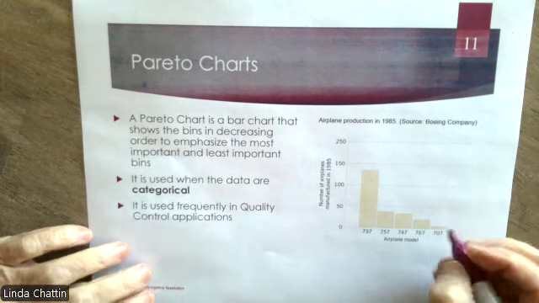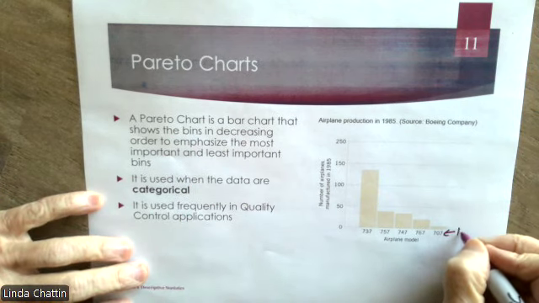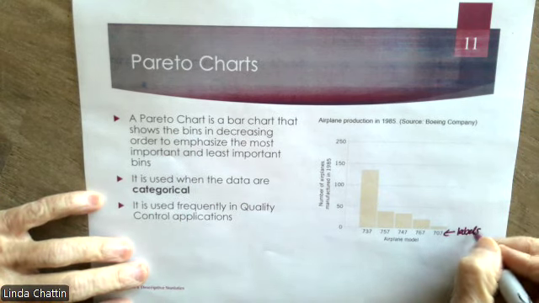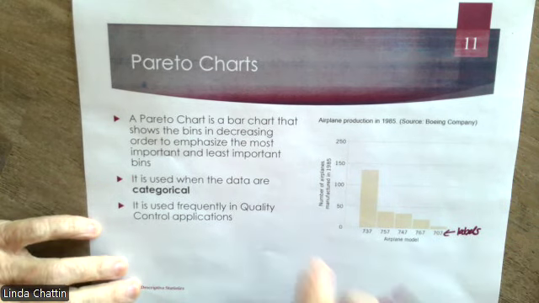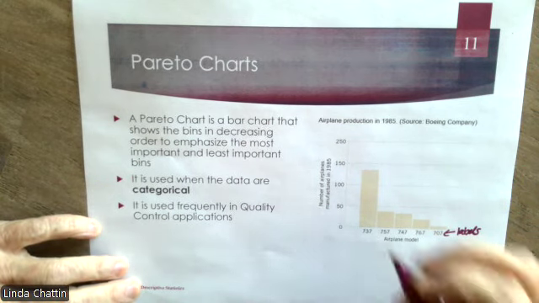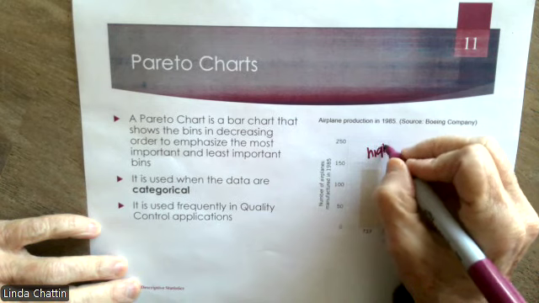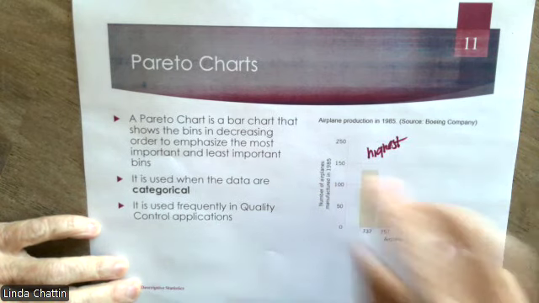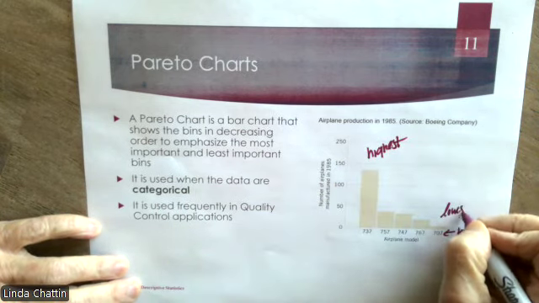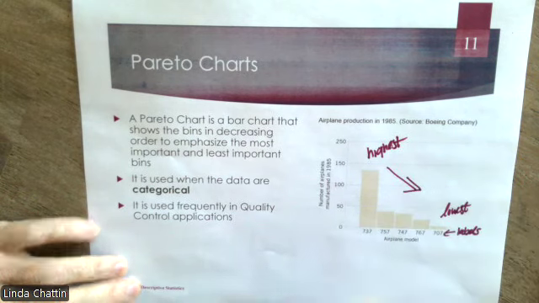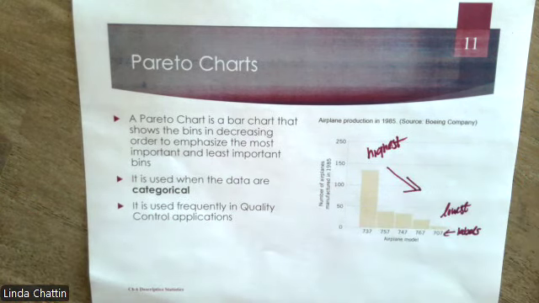Notice just because these are numbers, they're not really being used as numbers. These are labels, and it's categorical. And a Pareto chart always, always, always has the highest bar here and the lowest bar here. So it always goes down in decreasing order. That's what a Pareto chart is.